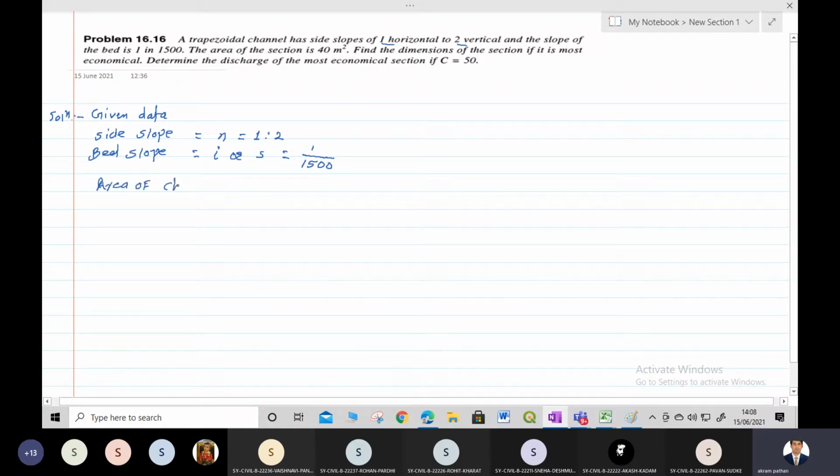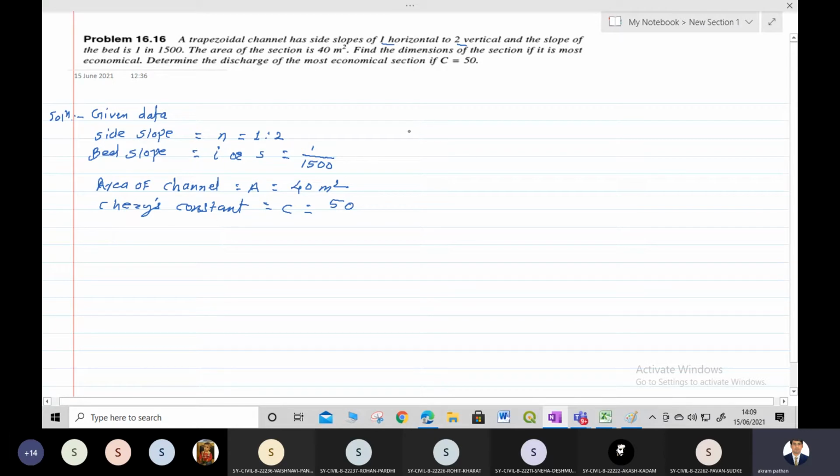Area of channel is given, A is equal to 40 meter square. Then Chezy's constant is given, that is C is equal to 50. Then we have to determine the discharge of the most economical channel section and the dimensions.